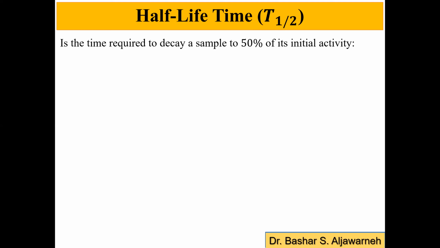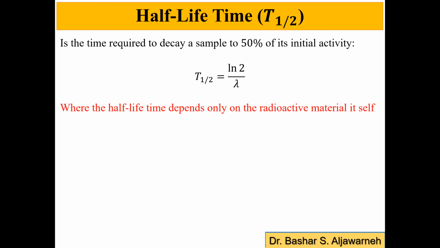After 3 half-life times, it will be 1/2 times 1/2 times 1/2 N0, which is 1/8. Therefore, we can calculate the half-life time using the formula ln2 divided by lambda. Remember that the half-life time depends only on the radioactive material itself.